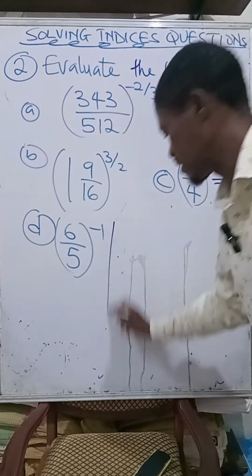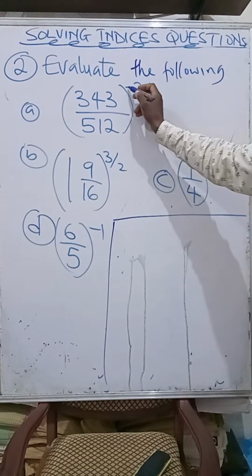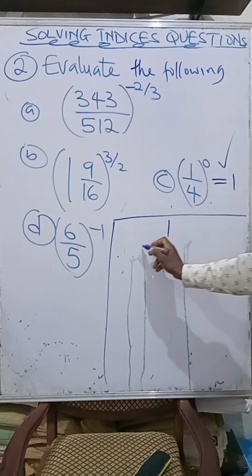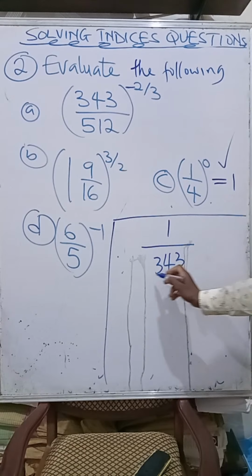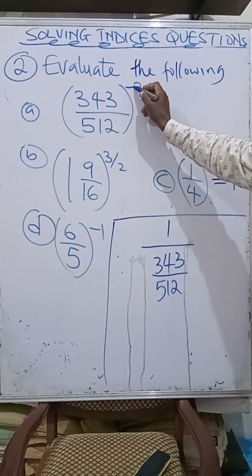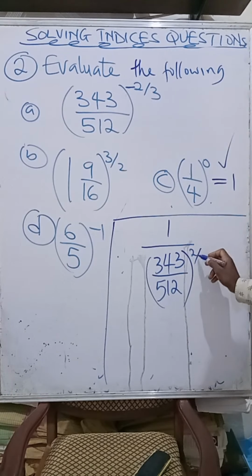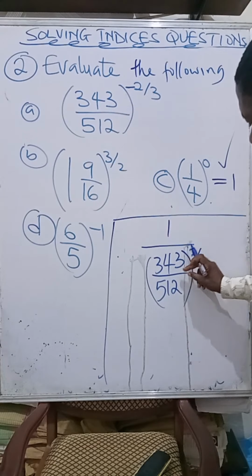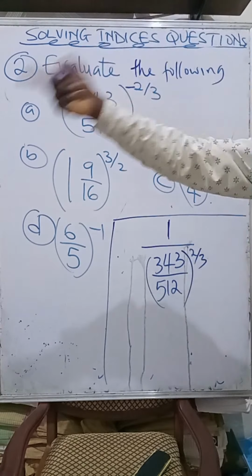For the A parts, the minus here is 1 over 343 over 512. The minus here is 1 over, and that will be what? 2 over 3. Okay, and when you have a fraction and you are reciprocating, 1 over is reciprocal.